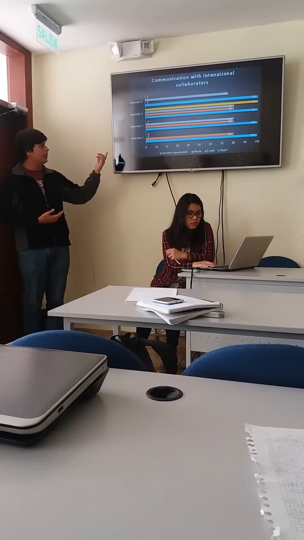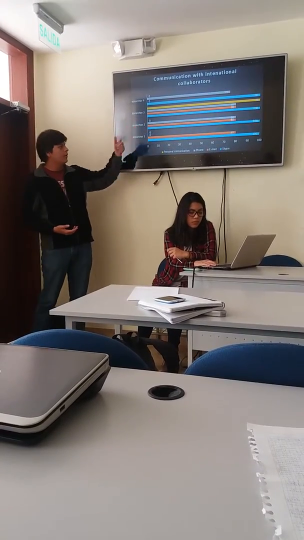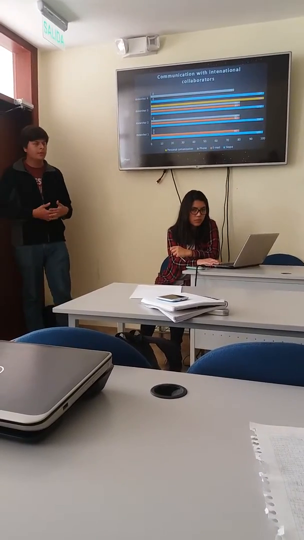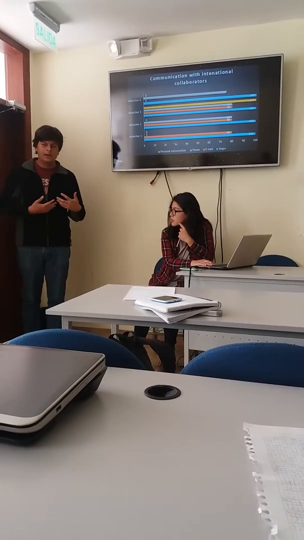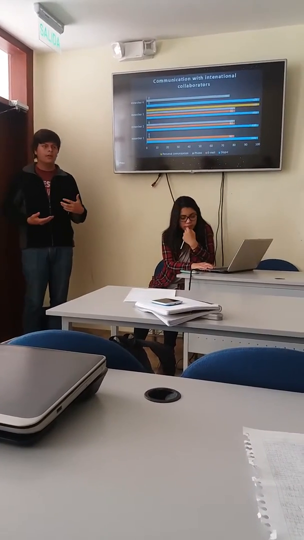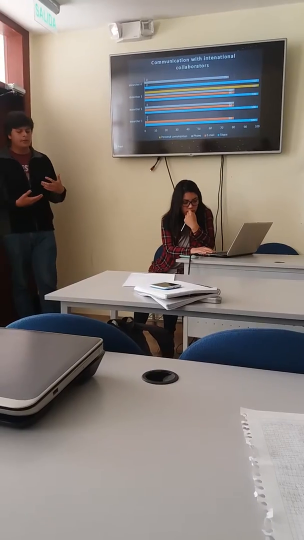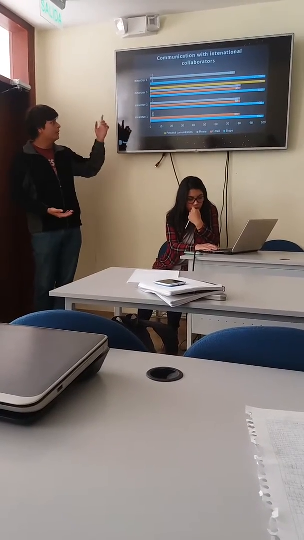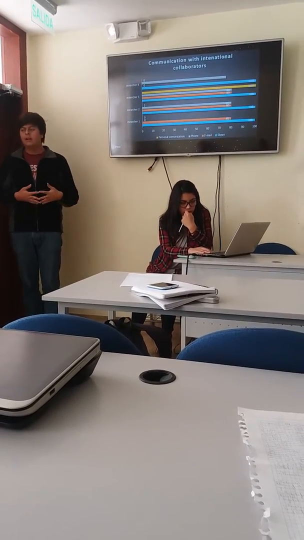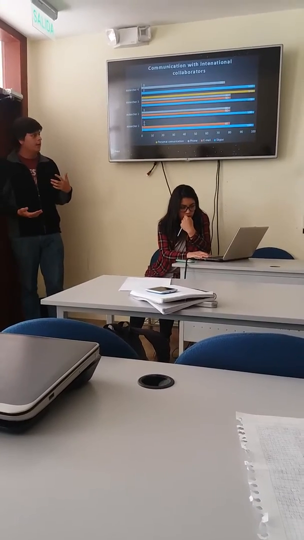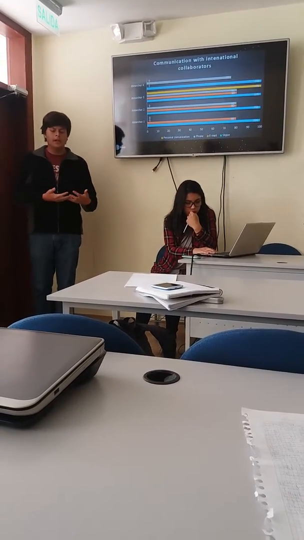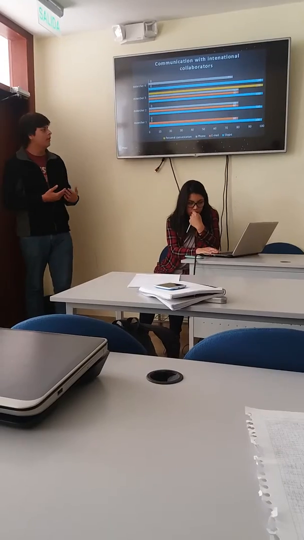The first bar, this yellow bar, represents personal communication. Personal communication means they actually take their information to their international collaborator. Just researcher 3 said that he or she preferred to take the information personally and give it to the international collaborator.